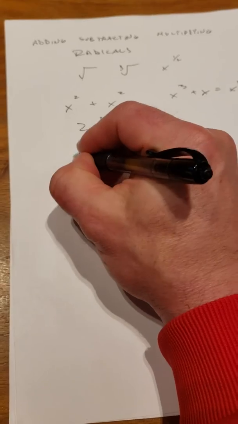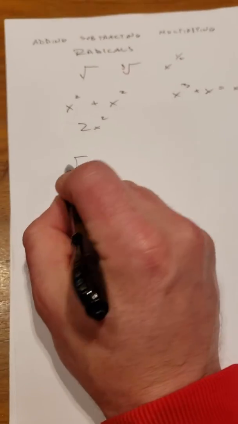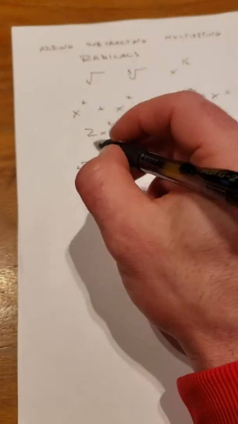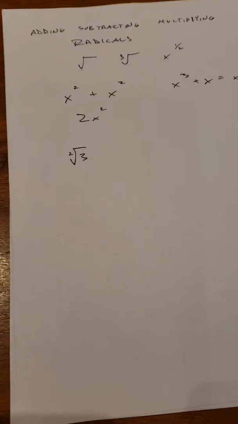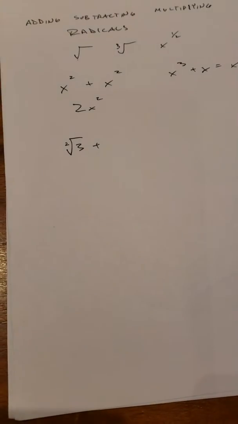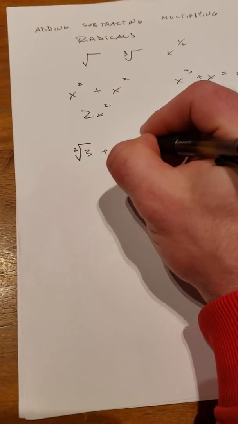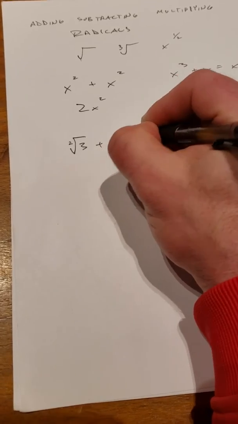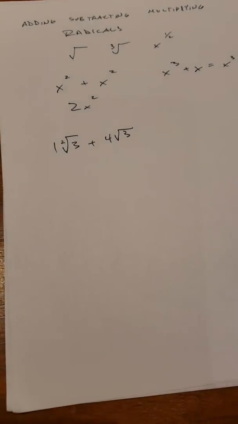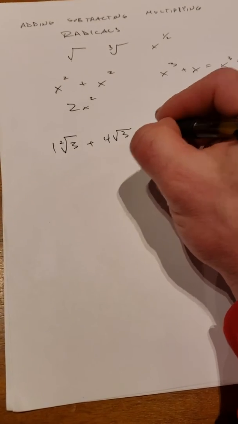So first thing, we have to have the same index. Remember, in this case, it's 2. We just don't write the 2. And we have to have the same number underneath. So if I had the square root of 3 plus 4 square root 3, okay, well, in front here, there's always a 1. How many square root 3 do I have?